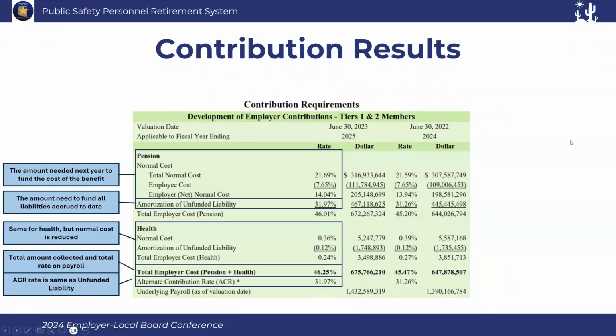And then below that, you get the alternate contribution rate, which is the same as the amortization of the unfunded liability rate. With both the employer cost and the ACR, there are instances when statute otherwise overrides the calculated rate. We see this on the corp side for corp employers.